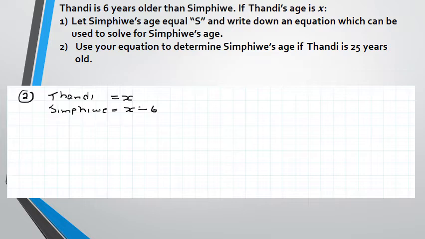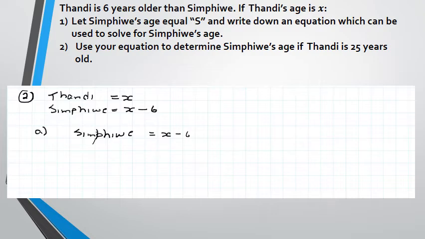Right, now that I have the statements put down, I can go over to question number A. What is the first one, or question number A or 1? They ask me here, let Simpiwe's age equal S. Right, so the age that we do know so far is that Simpiwe, the equation is then x minus 6.